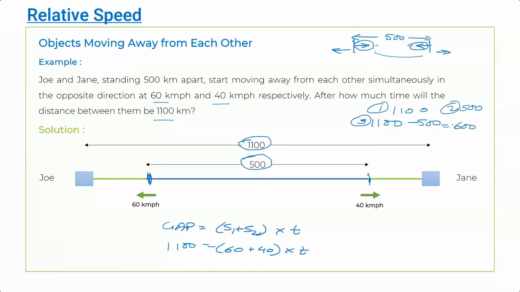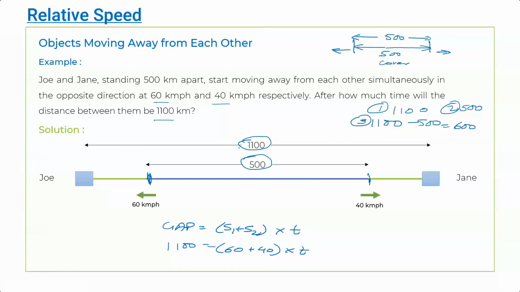Always remember, gap is basically, think of it in this way, the net distance that they are covering. Okay, net distance that they're covering after they start. So in the previous question, the net distance that they were covering was 500. After they started, they together covered 500. This was the gap they had to cover to meet.